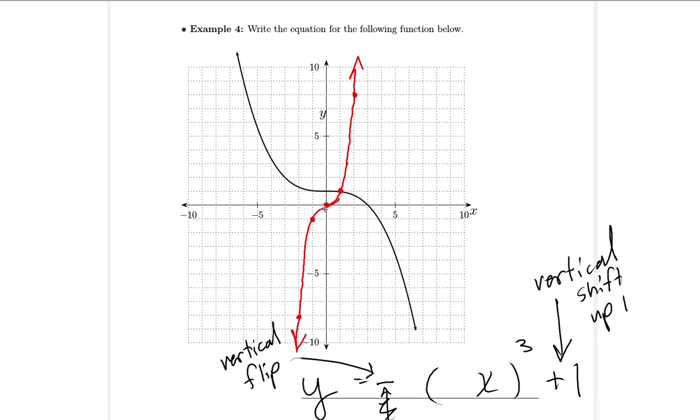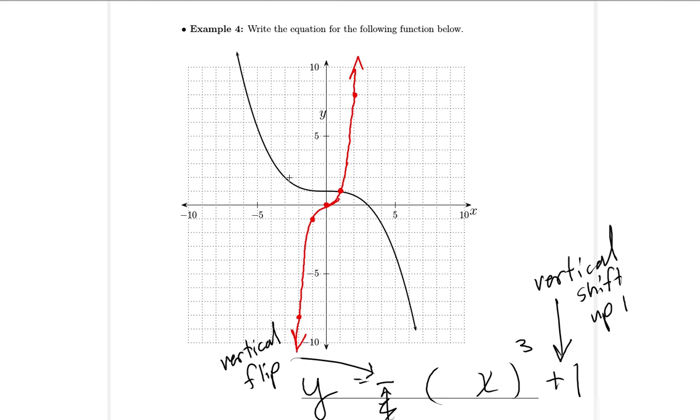Okay, so if we start with the change in y, so when I go up 1 in the y, right, or I change my y by 1, how much do I change my x by? By 1, right? All right, so now let's try that here. If I change my y value by 1, how much have I moved my x by? Well, it would be by 1, 2, 3, right?